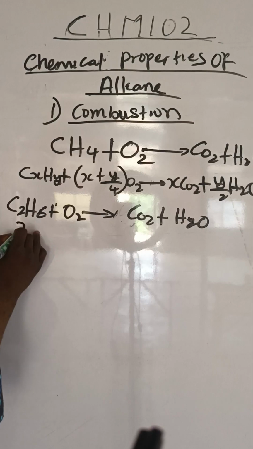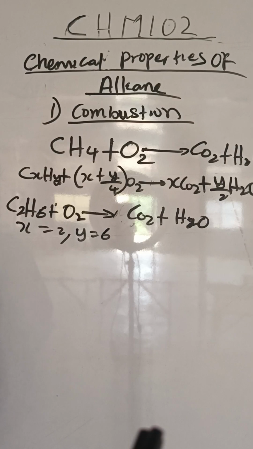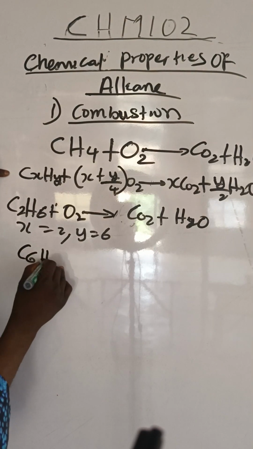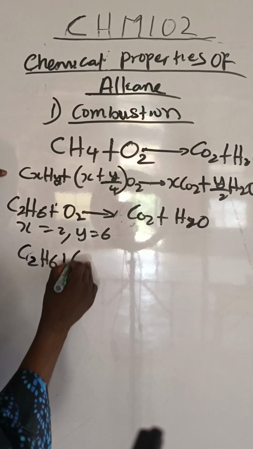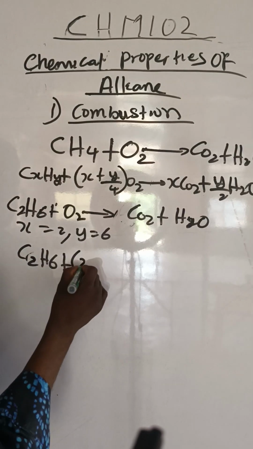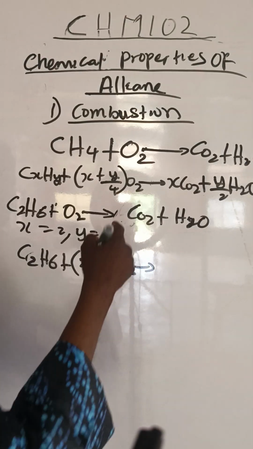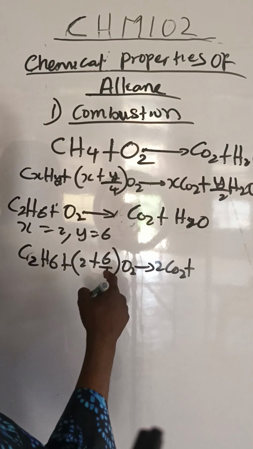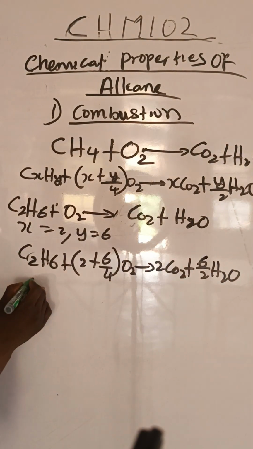Our x is equal to 2, y is equal to 6. So that means if I see x, I will write 2. If I see y, I will write 6. Okay, let's come back. That will be C2H6 plus, open bracket, x is 2 plus 6 over 4 O2 to give what? Then what will it give us? 2CO2 plus 6 over 2 H2O.